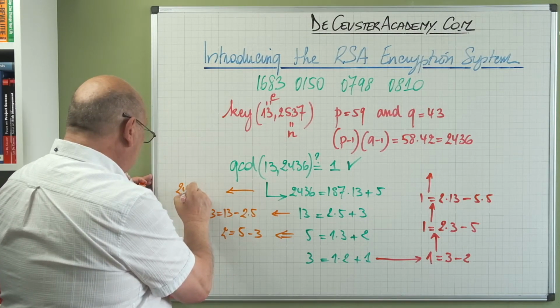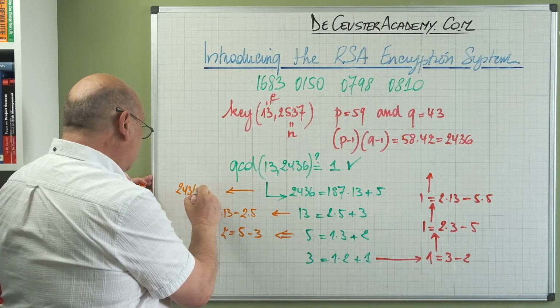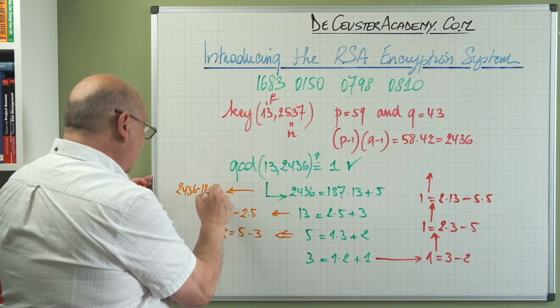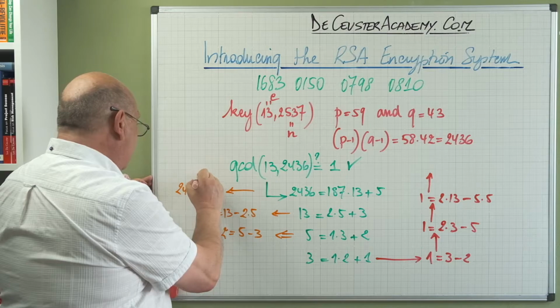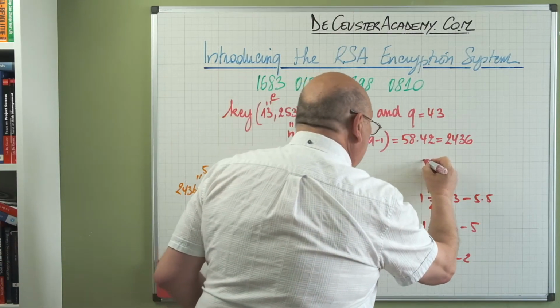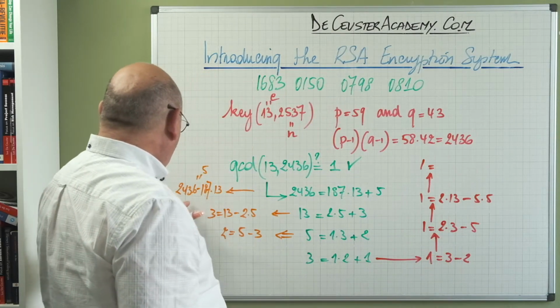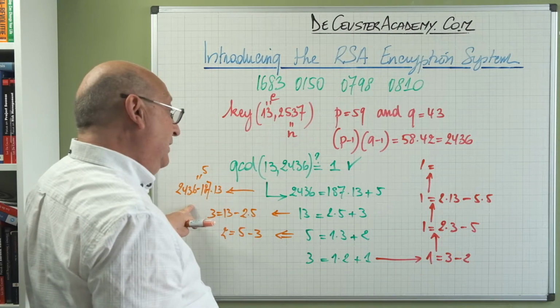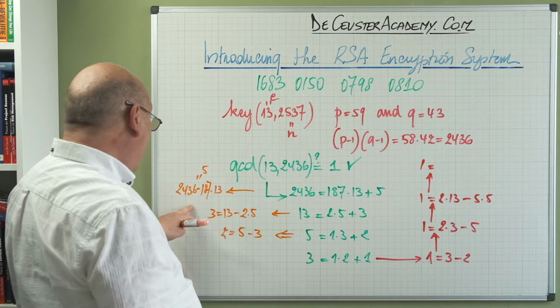We can say that 2436 minus 187 times 13 is 5. So basically, I replace 5 in here. So we have 2 times 13 minus 5 times 5.